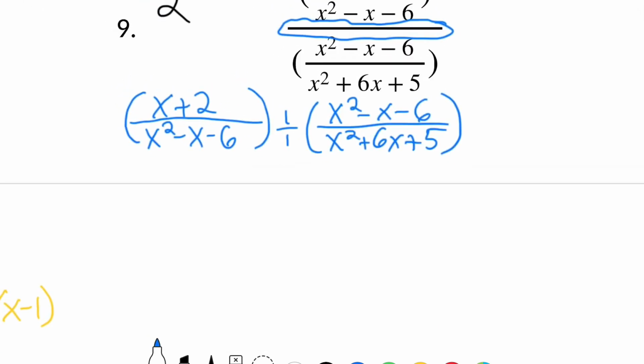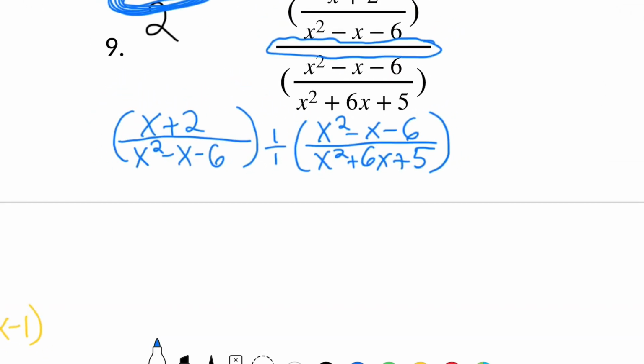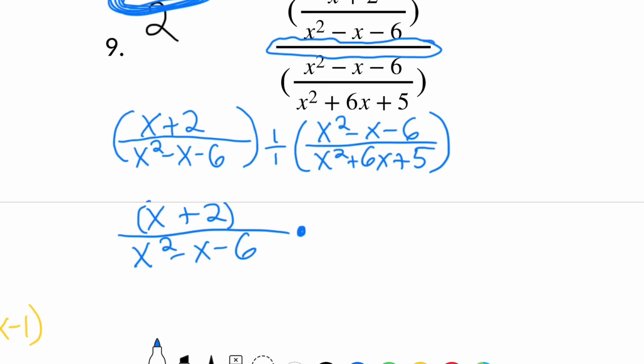So we are keeping the first fraction the exact same: x plus 2 all over x squared minus x minus 6. You are changing the division to multiplication, and then you are changing the second fraction by flipping it.